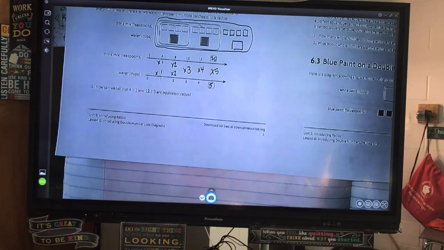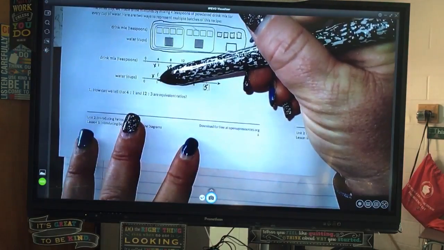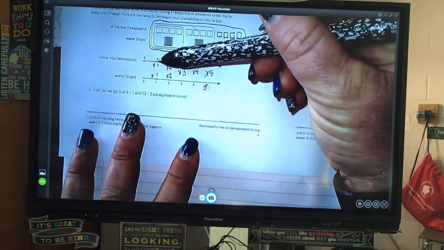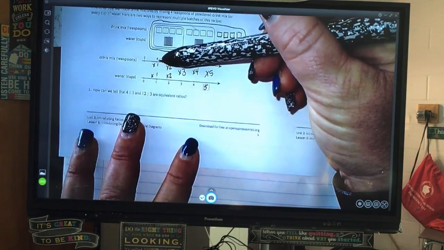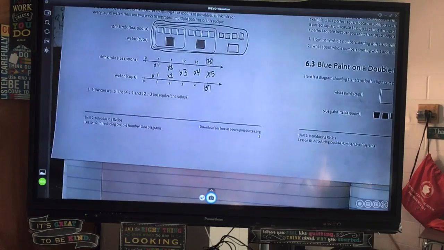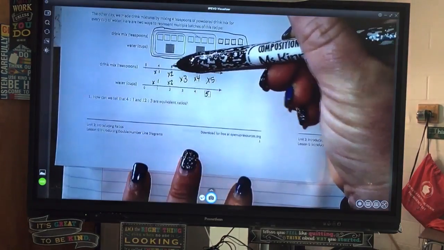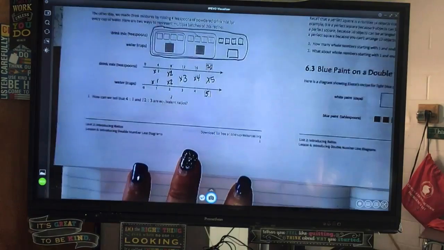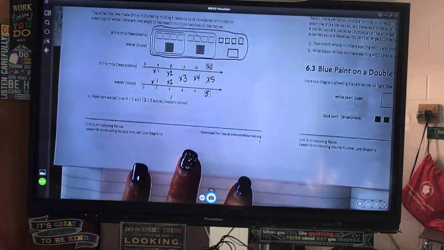When we filled out this double number line, what did we always multiply? What was the constant? So like here, what was the constant here? No. So I'm trying to do this without giving you an answer. So when we got 8 to 2, what did we multiply to get 8 to 2?